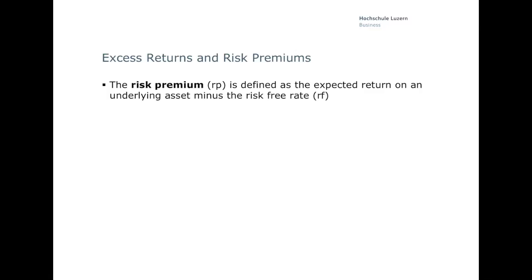Excess returns and risk premiums. As different investments have different risks, we introduce a risk premium. The risk premium is defined as the difference between the expected return of an underlying asset minus the risk-free rate.